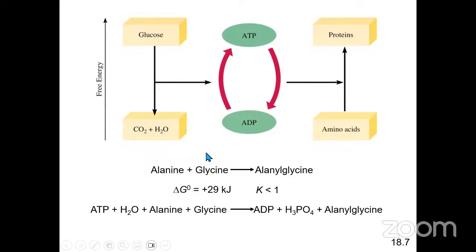So if you look at the chemistry of it, if you add to this equation the process of converting ATP back to ADP, which is an exergonic process, meaning the free energy is negative, and you do the calculation for the free energy for that change, you see that it's negative. So therefore, what you have is a spontaneous process, through an intermediary, driving a non-spontaneous process, which involves the synthesis of proteins.